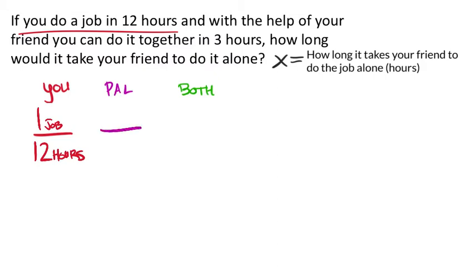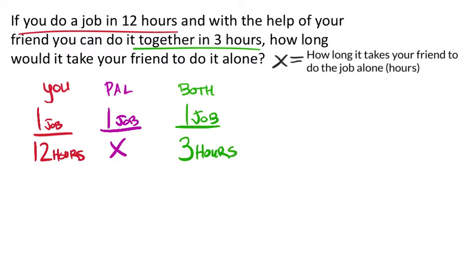Again, that would represent one job. But we do not know how long it will take your friend to do that job. So x, I don't really need to label the x. I'll label my answer because I've already defined it as how long it takes your friend in hours. The other information that it gave us is that together you can do it in 3 hours. So that would again be the one job, and it will take 3 hours.